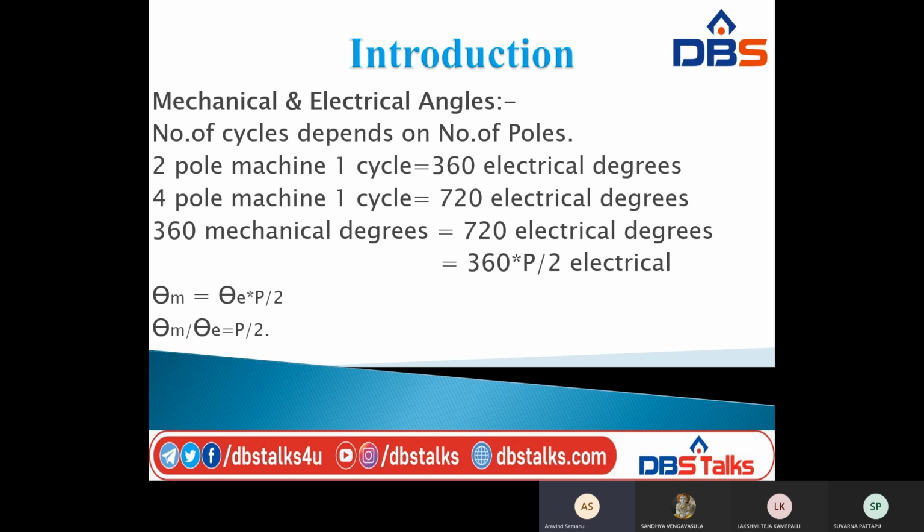Theta e, the electrical degrees, is 360 into P by 2, where the poles are 2 or 4. Here we are getting 720 degrees, so we use a four-pole machine: 360 into 4 by 2 electrical degrees. This is the formula.